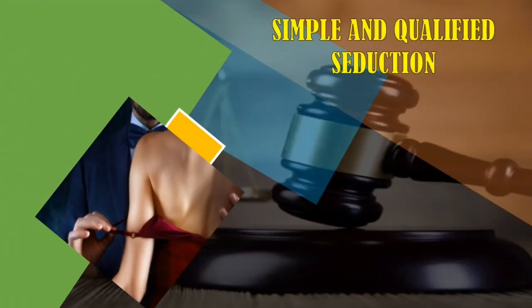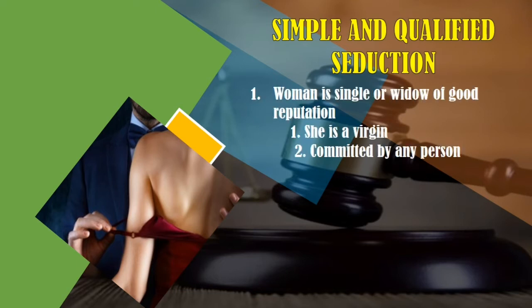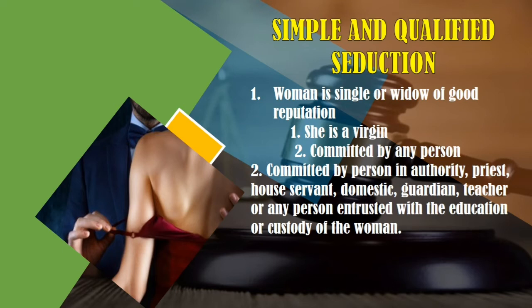Now, how about simple and qualified seduction? The elements include: one, the woman is single or a widow of good reputation, such as she is a virgin, and it is committed by any person. Second, it is committed by a person in authority, a priest, house servant, domestic or guardian, teacher, or any person entrusted with the education or the custody of the woman.